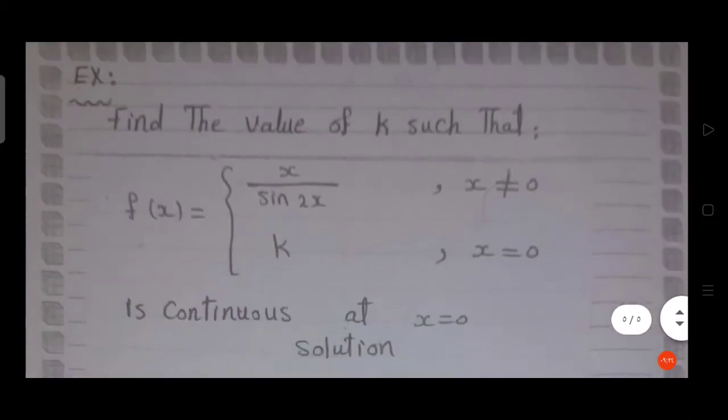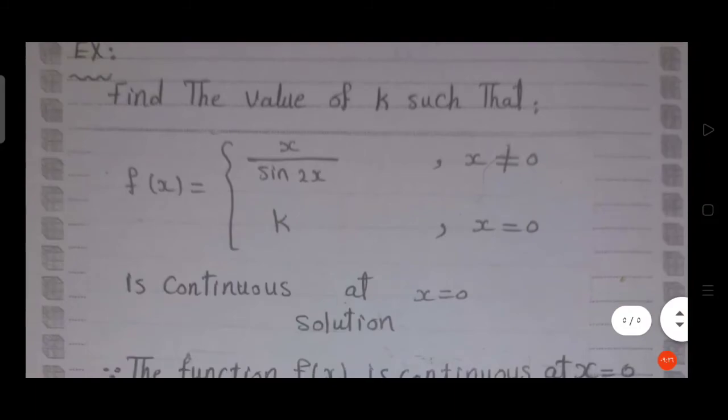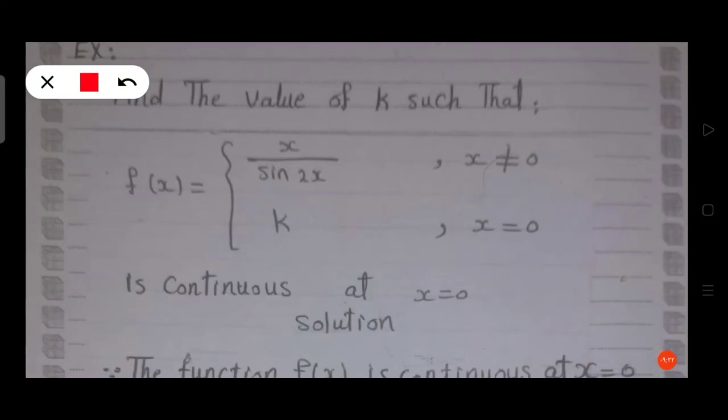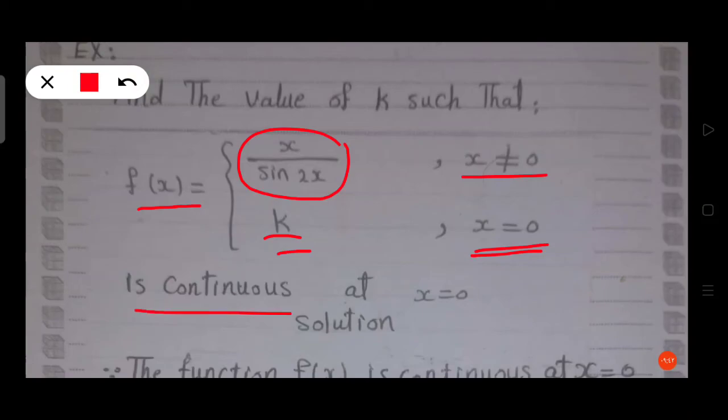The last example: find the value of k such that the function defined by x over sine 2x at x not equal 0, and k at x equal 0, is continuous. He gave me that the function is continuous, then the second and third conditions are satisfied at x equal 0.